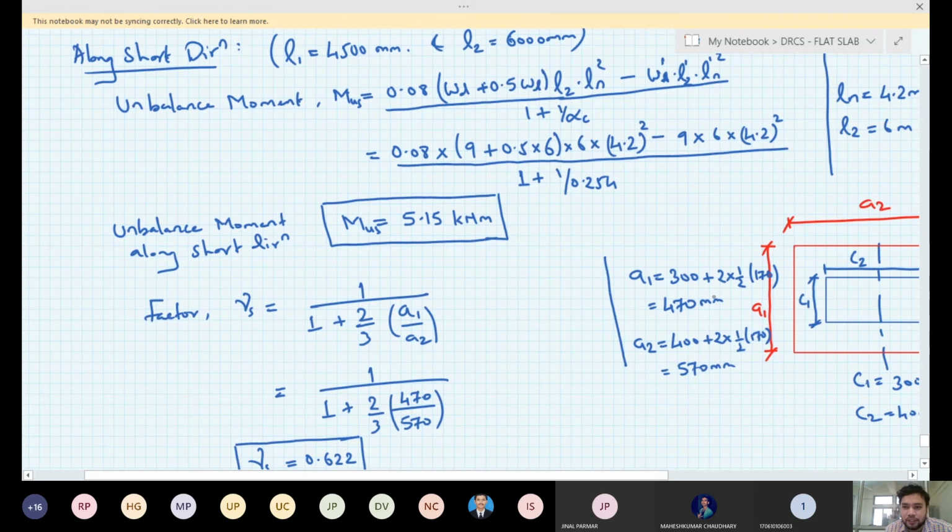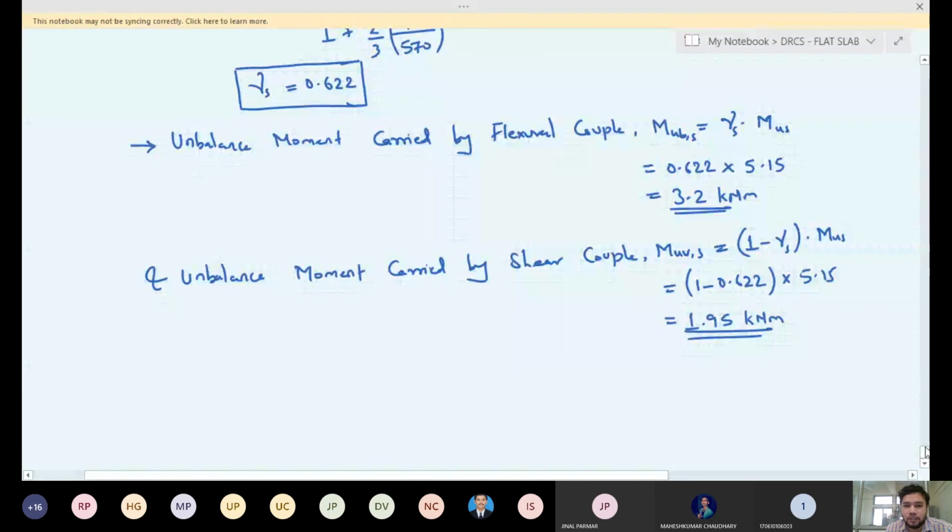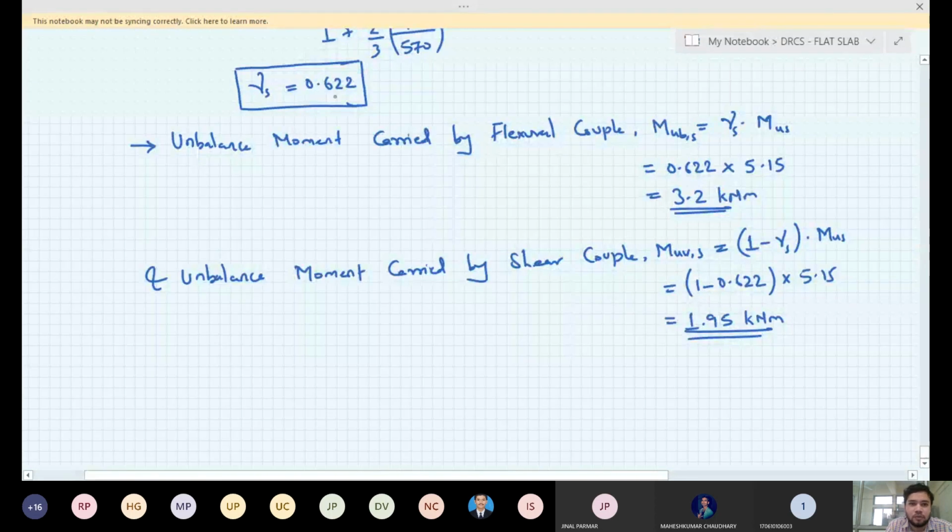But now here the critical section will change, because we are finding along the short direction. So A1 will be 470 and A2 will be 570. So the factor comes out to be 0.622, and hence the unbalanced moment carried by the flexural couple is 3.2 kilonewton meter, and the unbalanced moment carried by the shear couple is 1.92 kilonewton meter.